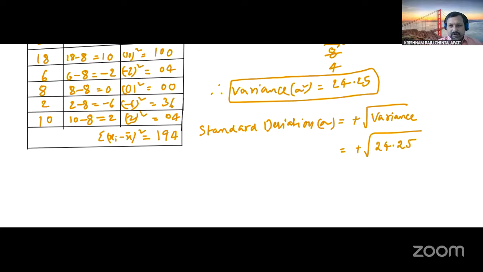So the square root of this is approximately 4.95. This is the symbol for approximate.